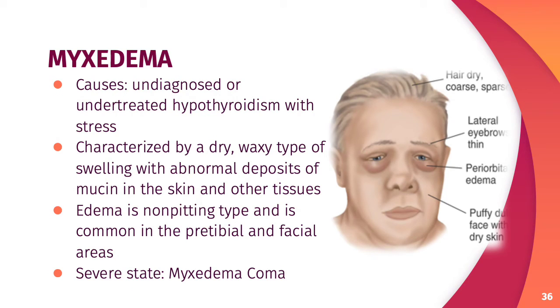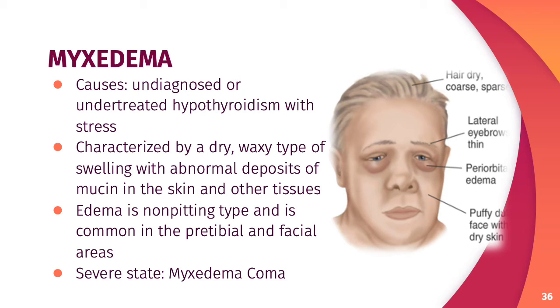For hypothyroidism, we have myxedema, the causes of which would be an undiagnosed or untreated hypothyroidism that includes stress. Hypothyroidism is a disorder that results when the thyroid gland produces an insufficient amount of thyroid hormone. It causes a general slowing of the metabolic rate, which is the opposite of hyperthyroidism.